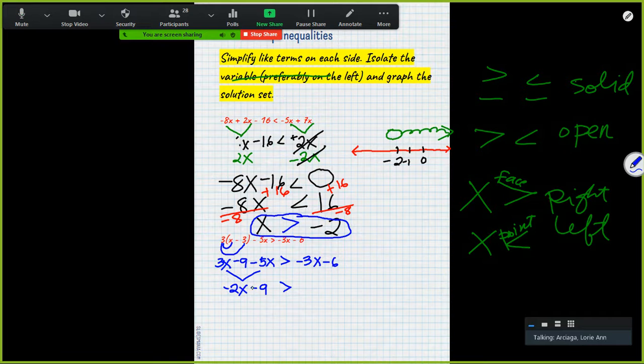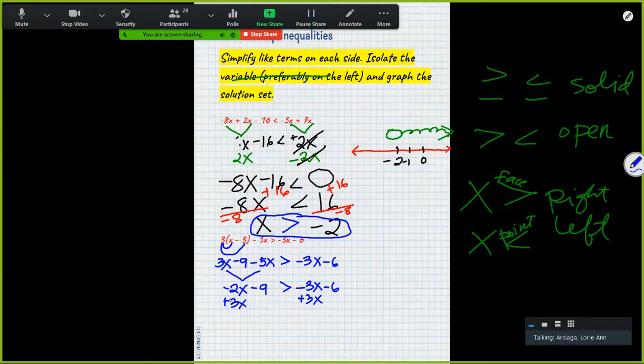Greater than -3x. Oh, why did I put 36? Okay. Greater than -3x minus 6. Okay. So now let's combine like terms again. Preferably put all the variables on the left. You're going to add 3x right here.